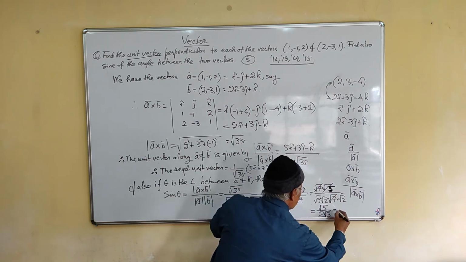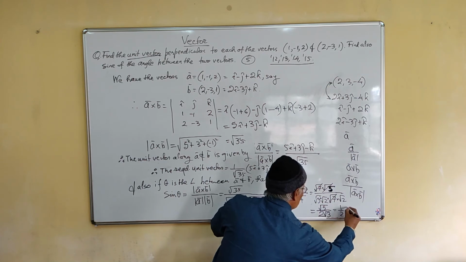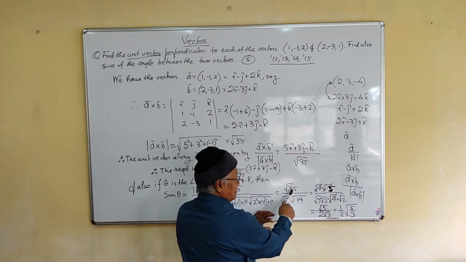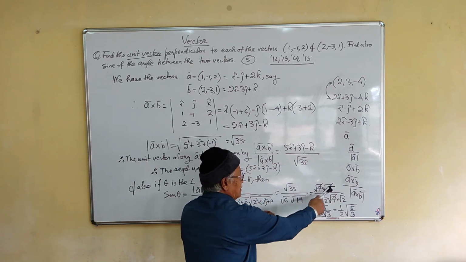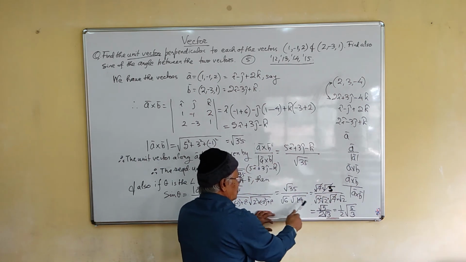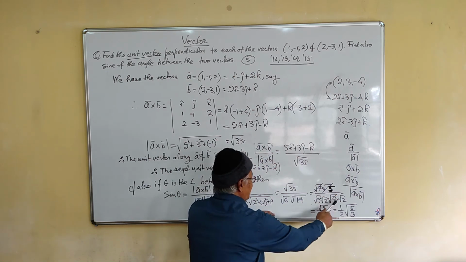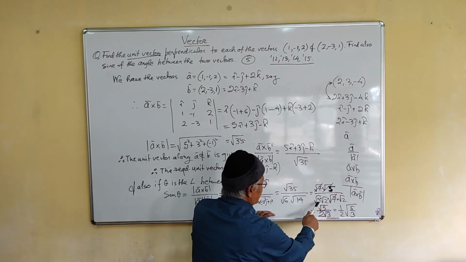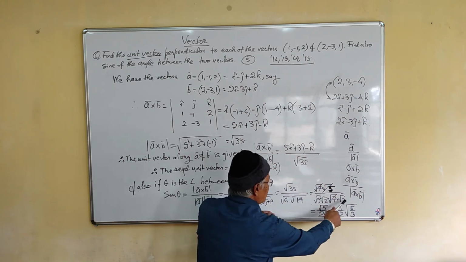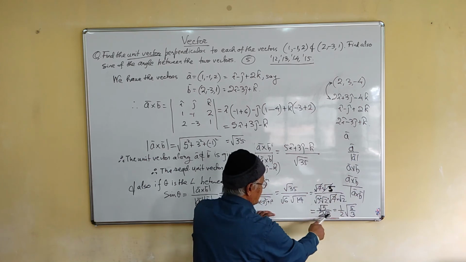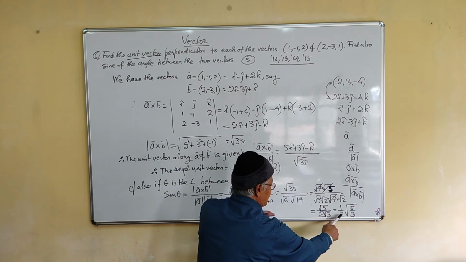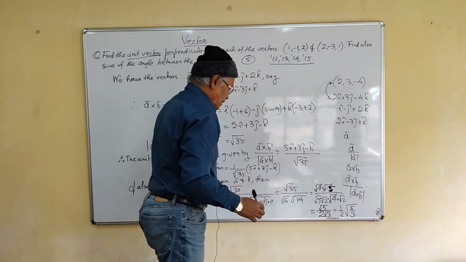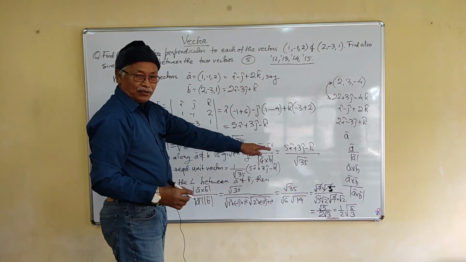So it could also be written as half of the root of 5 upon 3. Check once again. This is root 35, so 7 into 5, 35. So 3 into 2 and 7 into 2. Then 7 is cancelled, this is still alive, root 2 into root 2 is 2, root 3 remains. So root 5 upon root 3 can be written like this. Therefore sine theta is half of the square root of that.